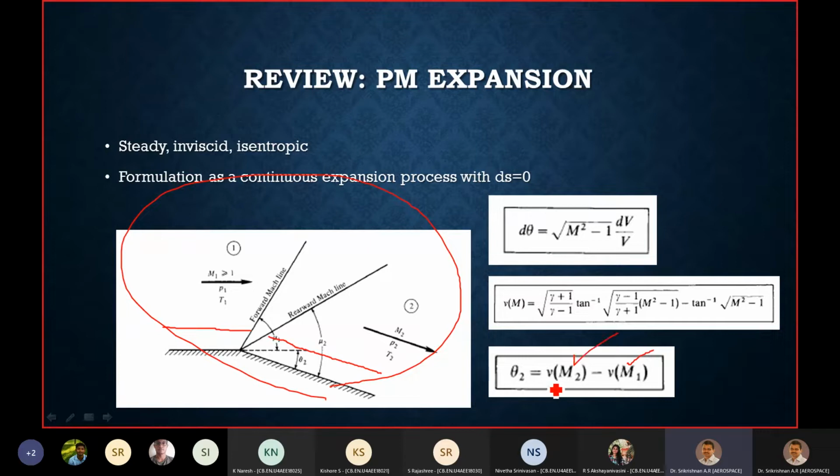If you calculate the Prandtl-Meyer function for the downstream Mach number and subtract the upstream one, you will get the difference, which is basically the angle through which the flow turns during the expansion process.